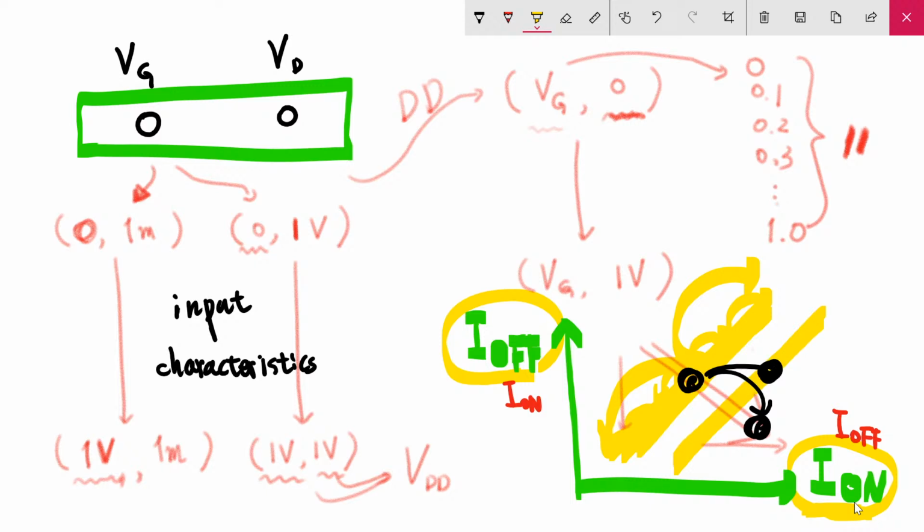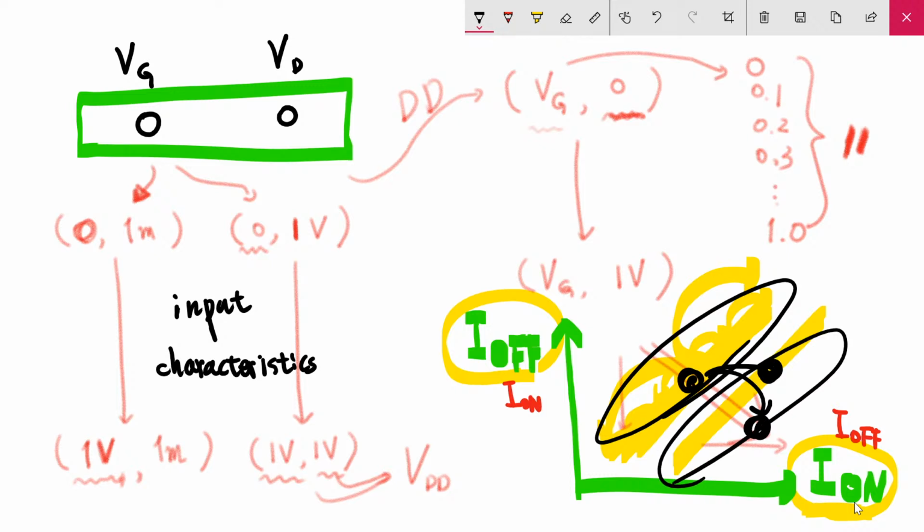So whether you have the chance to reduce your off current without sacrificing your performance, or boost up your on current without increasing your off current, any knob can be used to eventually increase both of them. So they can be regarded as a family.